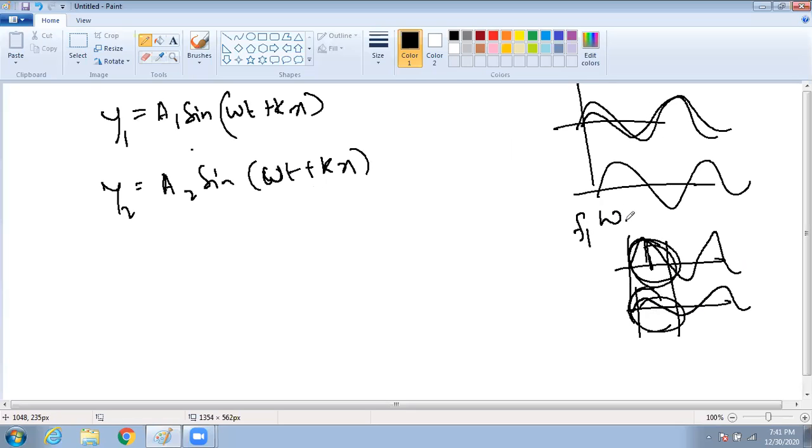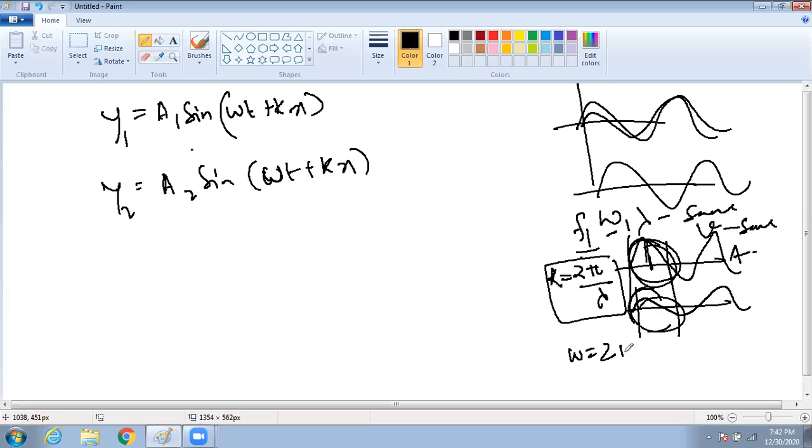That means the wavelength, the angular frequency, and the normal frequency are all the same. Velocity of the wave is also the same. Amplitudes are different. And what is k? k is nothing but 2 pi by lambda. And what is omega? 2 pi f. Yes or no?